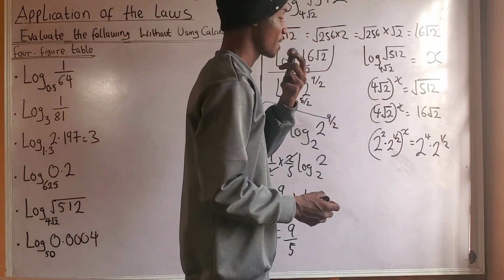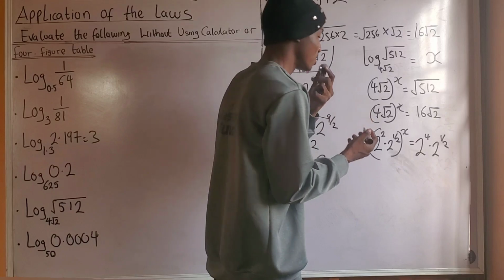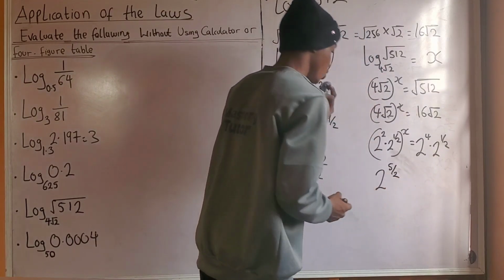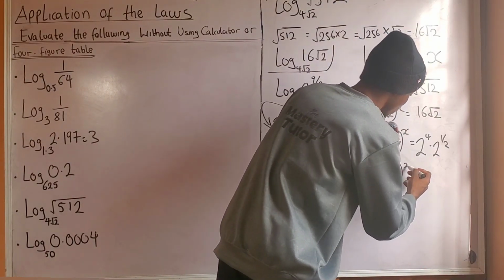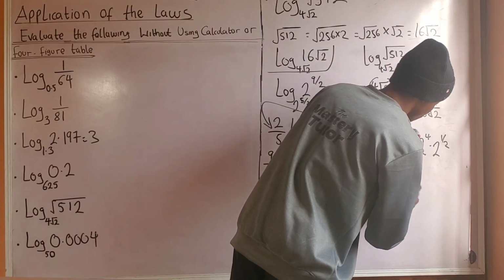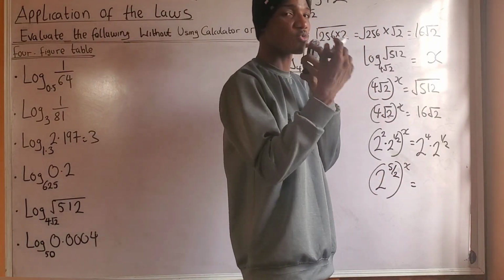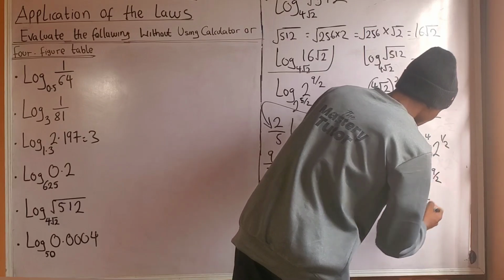Are you getting it? Now, 2 raised to the power of 2 multiplied by 2 raised to the power 1 over 2 is 2 raised to the power of 5 over 2. Do you understand? Okay, and also 2 raised to the power of 4 multiplied by 2 raised to the power of 1 over 2 is 2 raised to the power of 9 over 2, right?